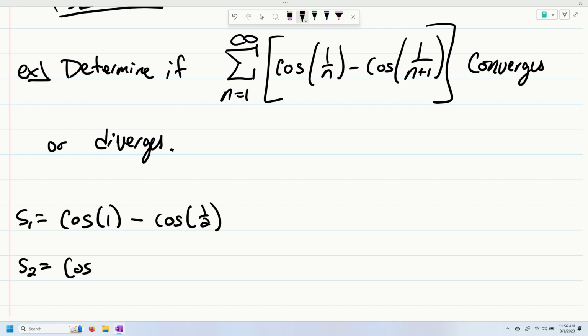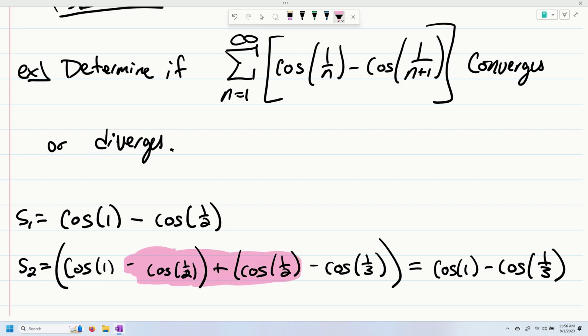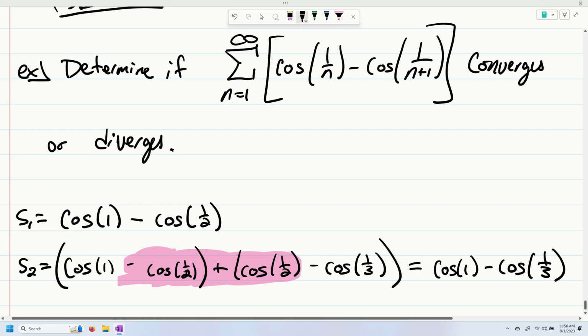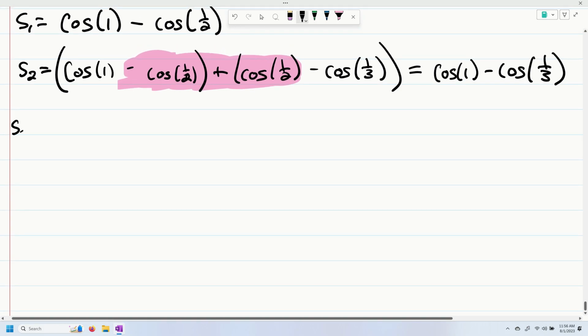Our second partial sum is going to be the cosine of 1 minus the cosine of 1/2, plus the cosine of 1/2 minus the cosine of 1/3, which turns out to be the cosine of 1 minus the cosine of 1/3, because those two cancel. So it's looking pretty good. Let's do another one. I have to write really small here for this.